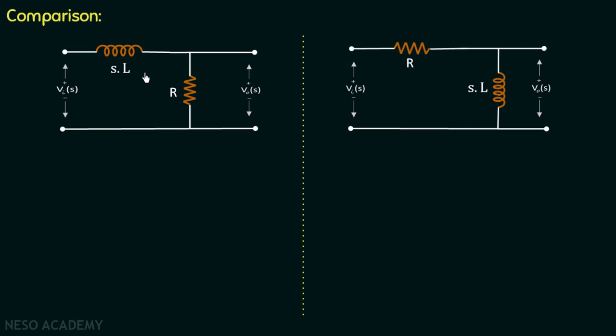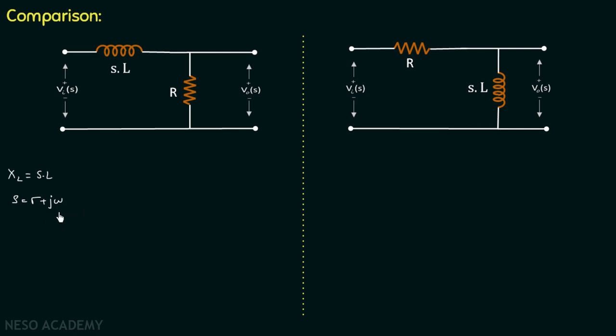The impedance of inductor is equal to sL, and s is the frequency dependent term. So if we change the frequency, the behavior of inductor will change, and it will change the behavior of the circuit. Let's understand the behavior of an inductor. The reactance of an inductor, by which it opposes the flow of current through it, is equal to sL, and we know s is equal to sigma plus j omega.